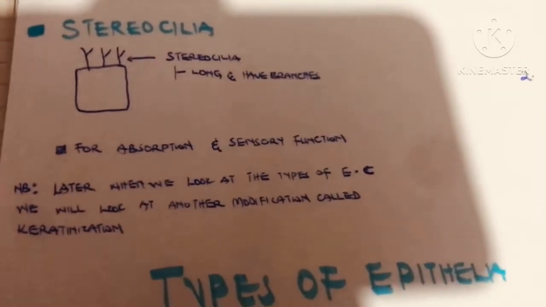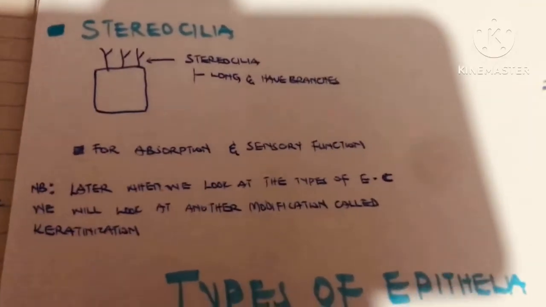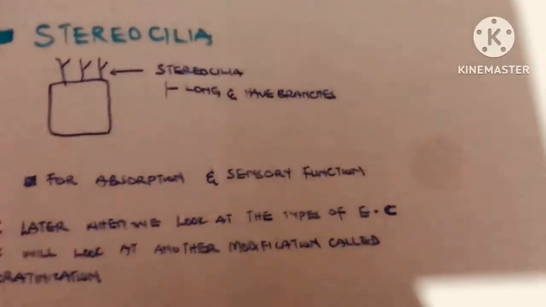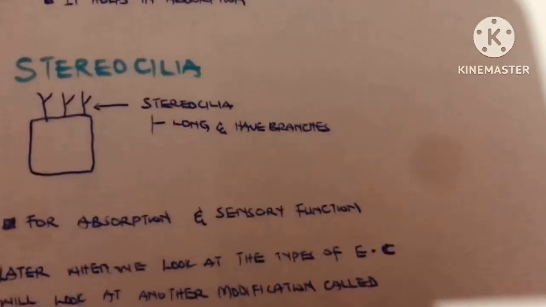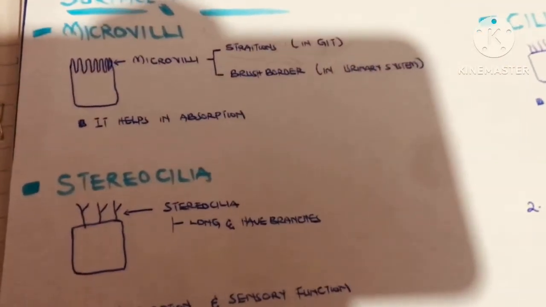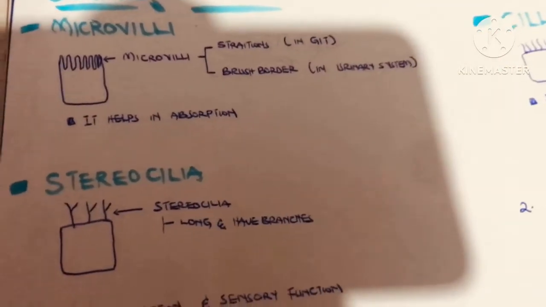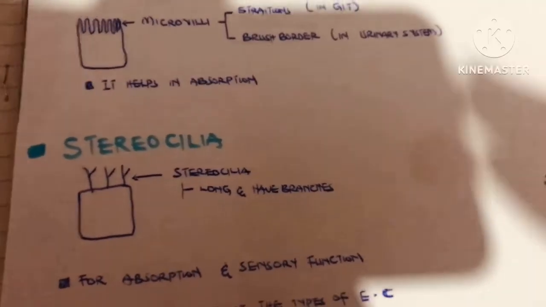Later, when we look at the types of epithelial cells, we will look at another modification called keratinization. And let me say this last thing. These surface modifications are exclusively for cuboidal and columnar cells.